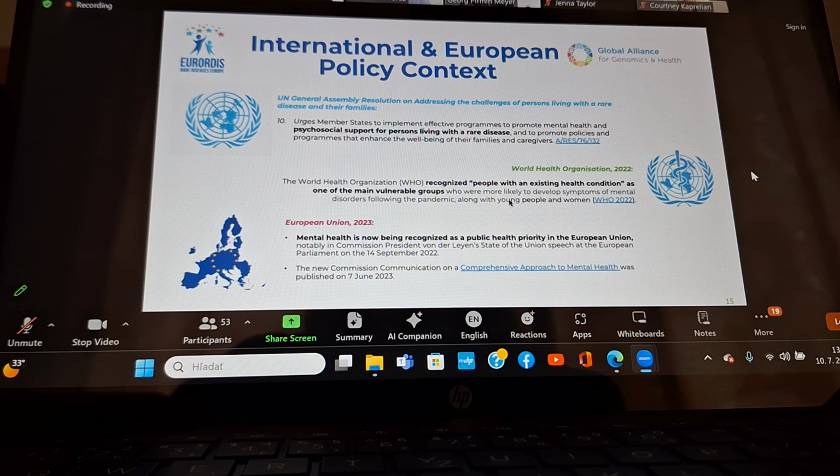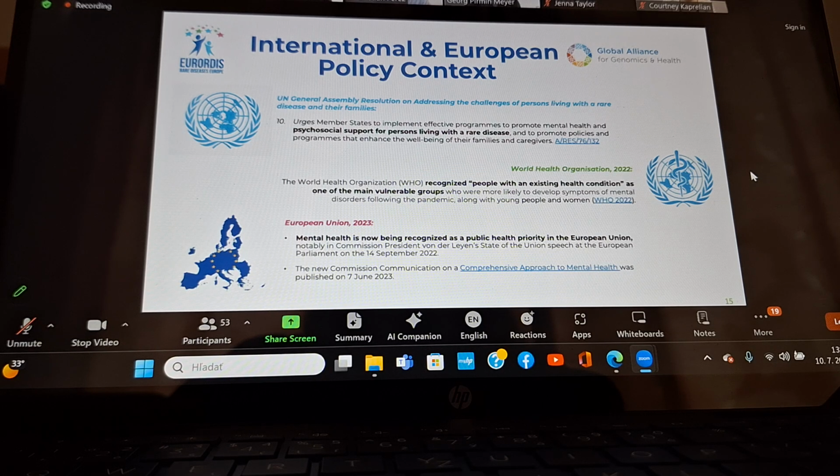The World Health Organization, as we came out of the COVID pandemic, highlighted people with an existing chronic and rare condition as one of the main groups living in a vulnerable situation who were disproportionately affected by the lockdown and the pandemic. And all this has now set the stage in the European Union for mental health to be raised up as one of the European Union's top public health priorities. And last year we had a communication published by the Commission.